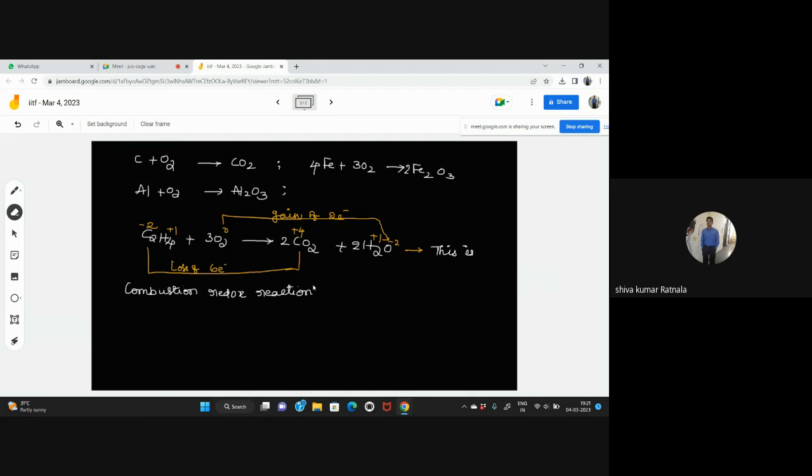Next one. Decomposition redox reactions. The next type is decomposition. What is meant by decomposition, Anna?